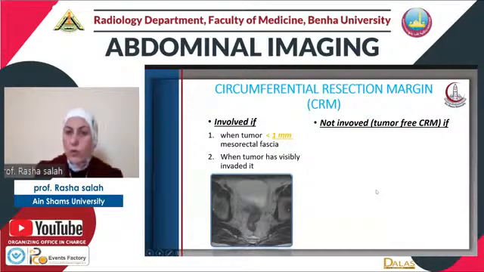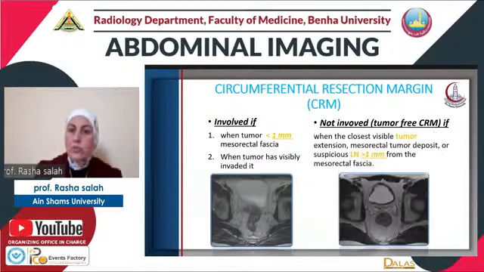And it is not involved, or it is the negative circumferential resection margin, if the tumor or the lymph nodes are seen completely separable from the mesorectal fascia with a distance more than 1 millimeter. We measure the maximum distance of the outward extension of the tumor to the adjacent mesorectal fascia, and this is the assessment of the circumferential resection margin.